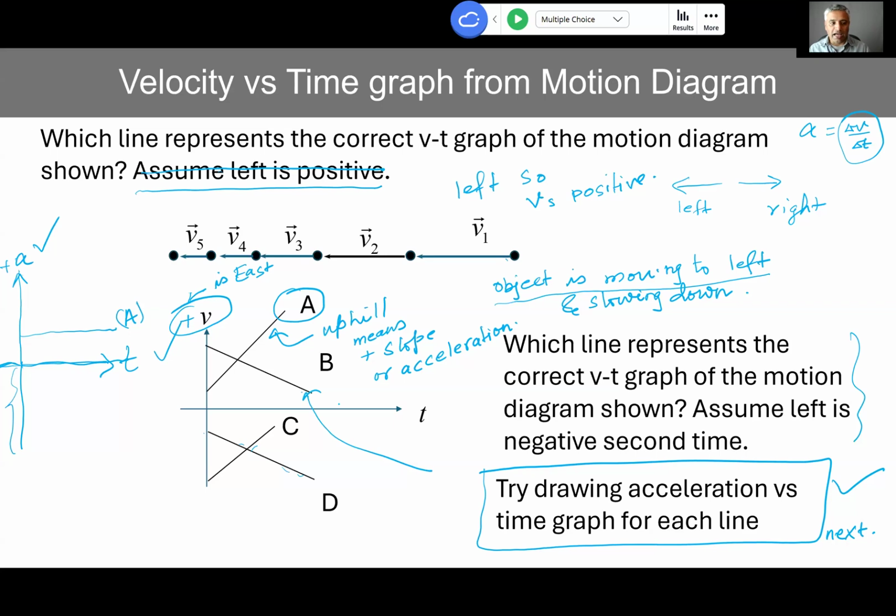Is it uphill or downhill? Downhill means it's a negative slope. And it's constant, since a straight line means constant. So that means B is going to be negative.